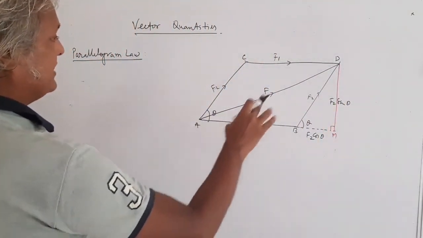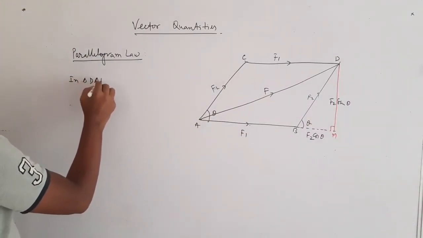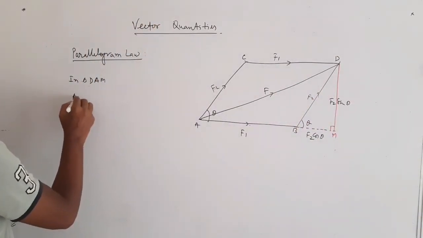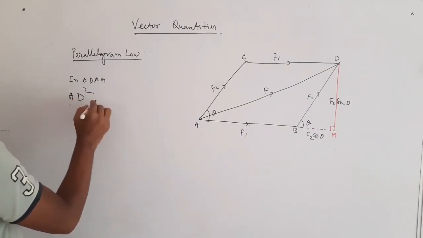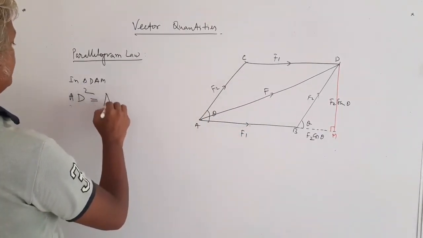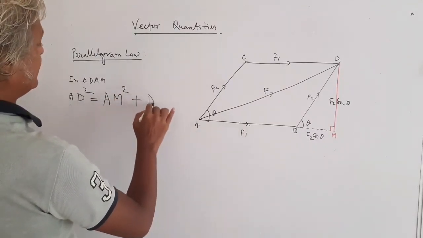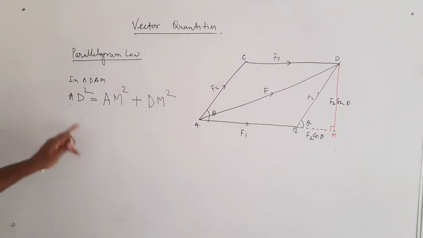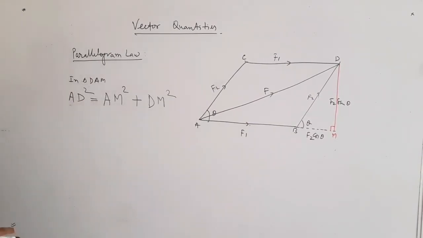Now in triangle DAM, this is a right angle triangle, so the Pythagoras theorem can be applied, which says that AD square equals AM square plus DM square. I am writing big, and I have increased the font size so that readability is increased.